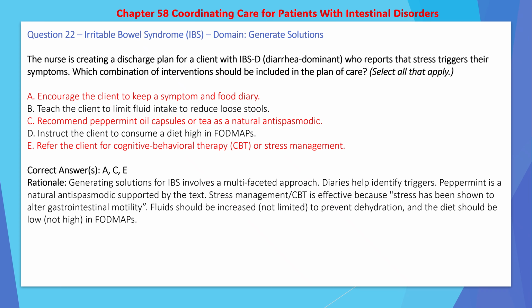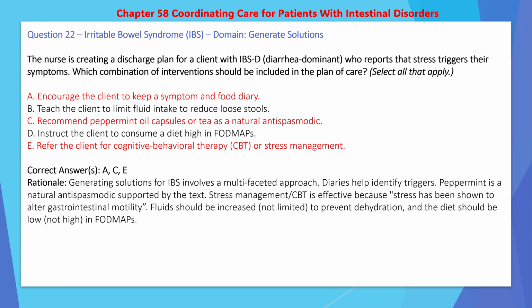Diaries help identify triggers. Peppermint is a natural antispasmodic supported by the text. Stress management is effective because stress has been shown to alter gastrointestinal motility. Fluid should be increased, not limited, to prevent dehydration. And the diet should be low, not high, in FODMAPs.